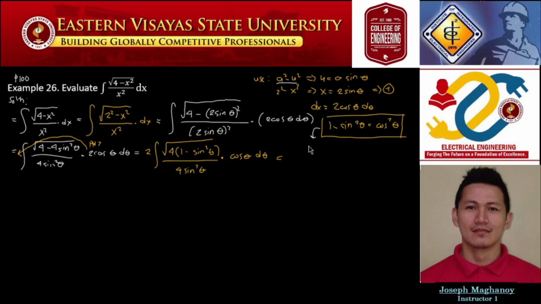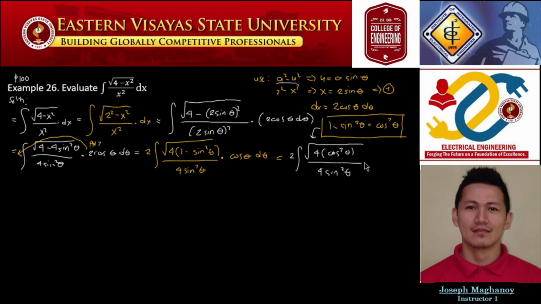If you use that, that would be 2 integral square root of 4. So we replace our 1 minus sine squared with this identity. So that would be equal to cosine squared theta all over 4 sine squared theta.